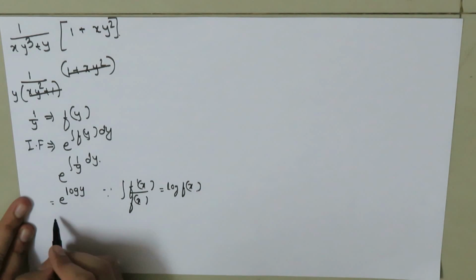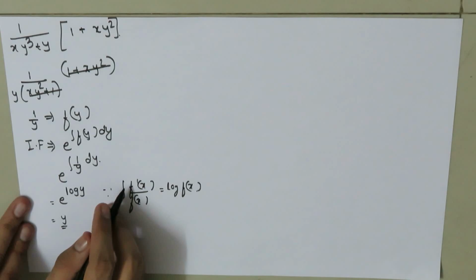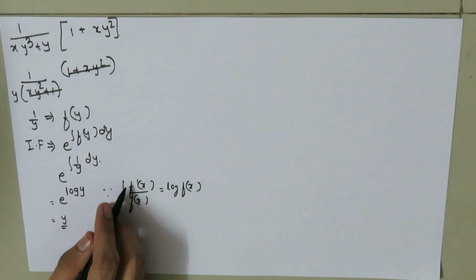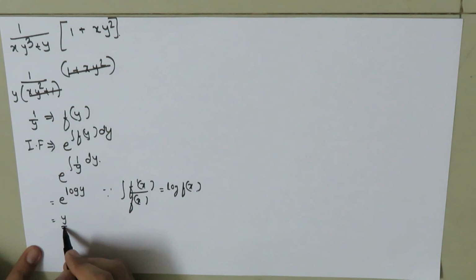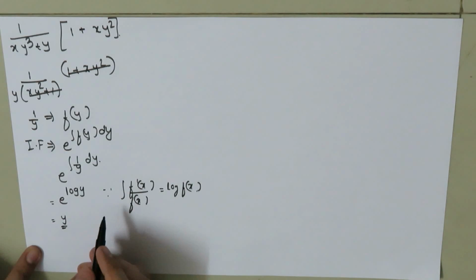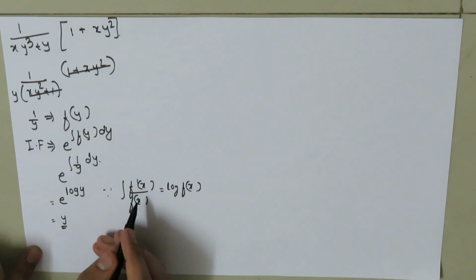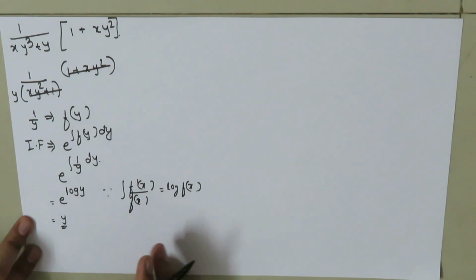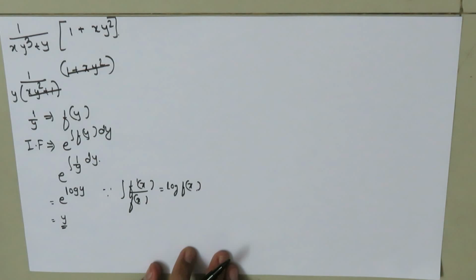So we can write this as y. The integrating factor for the given non-exact differential equation is y, and if we multiply it with the given non-exact differential equation, that equation will turn into an exact differential equation. So this was all the information regarding non-exact differential equations, and thank you for watching this video.